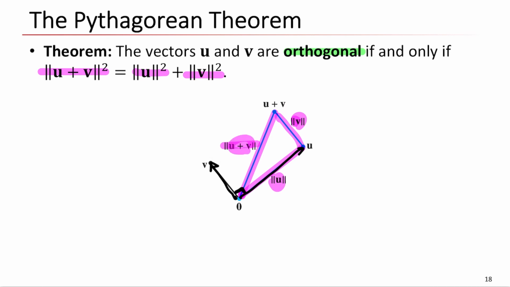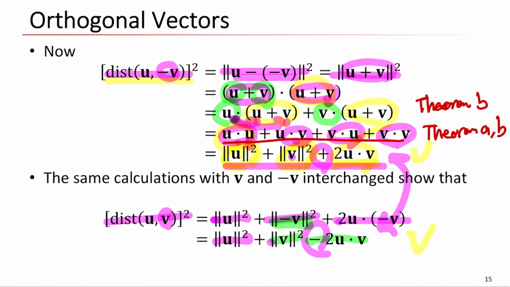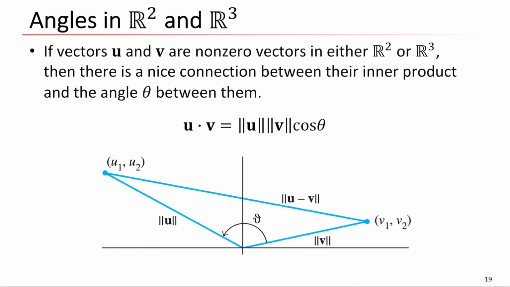If we have a triangle, the lengths of these three lines have a relationship like this. This is closely related to our definition of the length and the inner product.